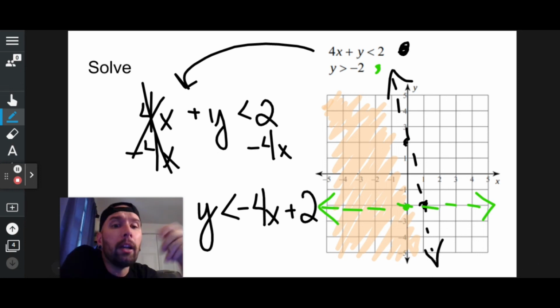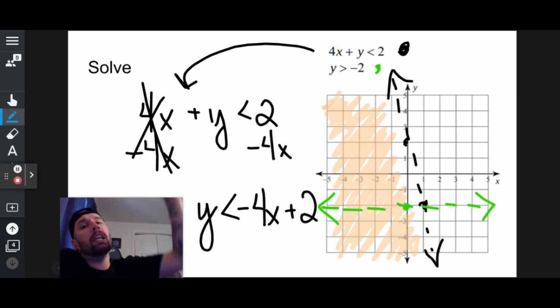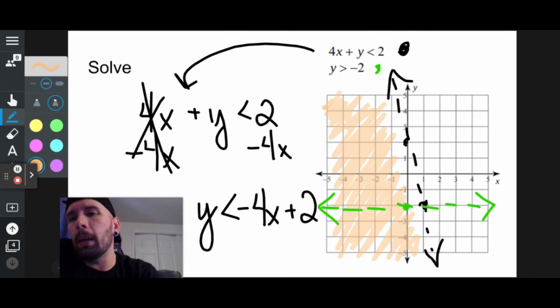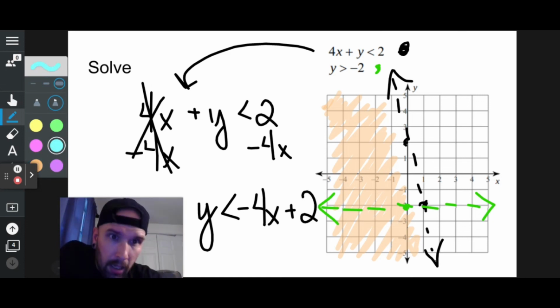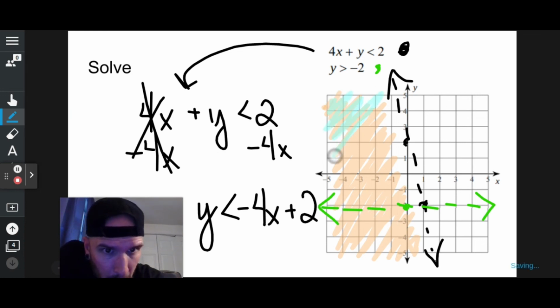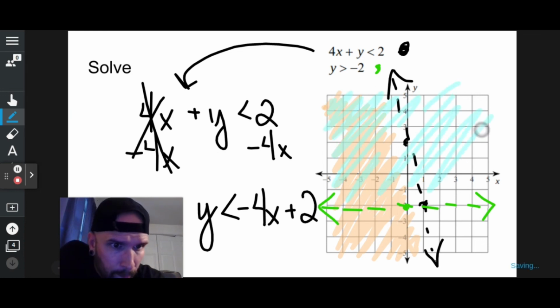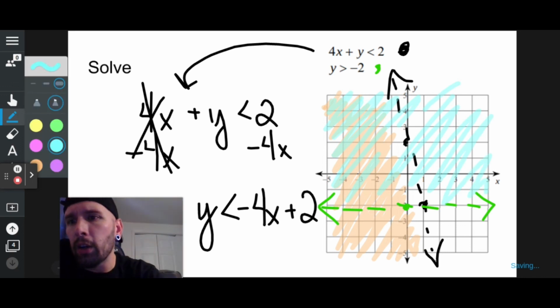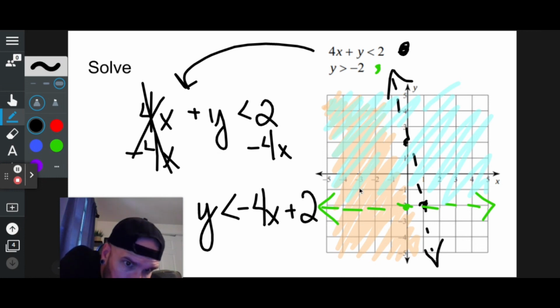And it's greater than negative 2, which means I shade above the line. So let me get my highlighter out, let me get blue, and let me shade above the line.